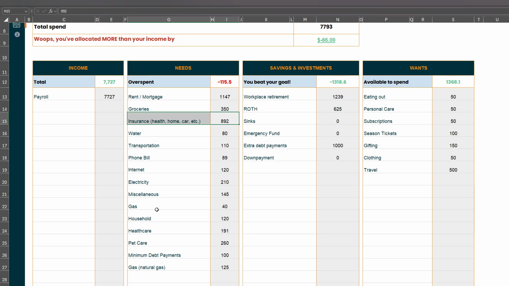In looking at this, it came with some needs that were in here, and I added some. I took some out. Same thing here with the savings and investments. I added and took some out based on what is actually going on with my budget.